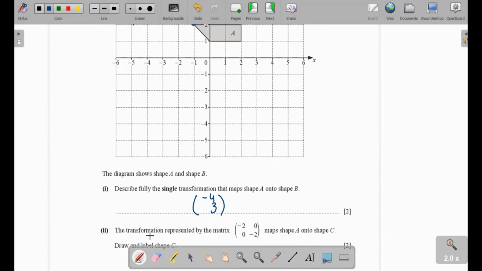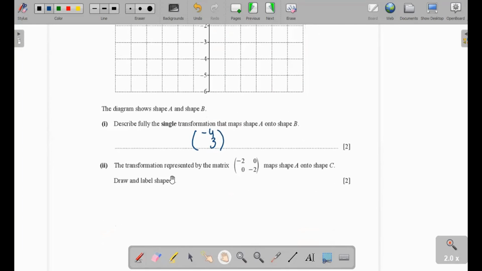The second part is given here. The transformation represented by the matrix minus 2, 0, 0, minus 2 maps shape A onto shape C. The given matrix is minus 2, 0, 0, minus 2.